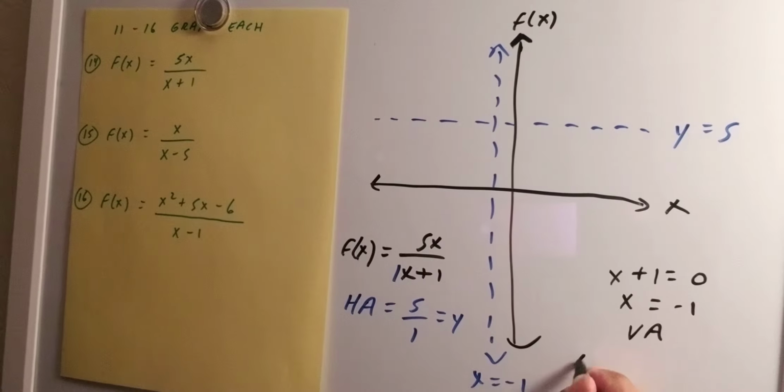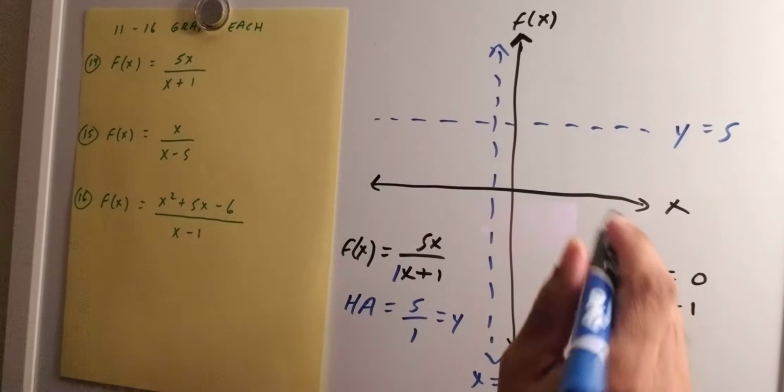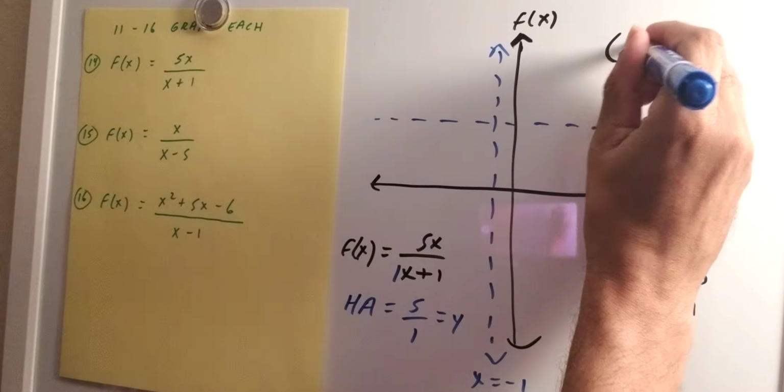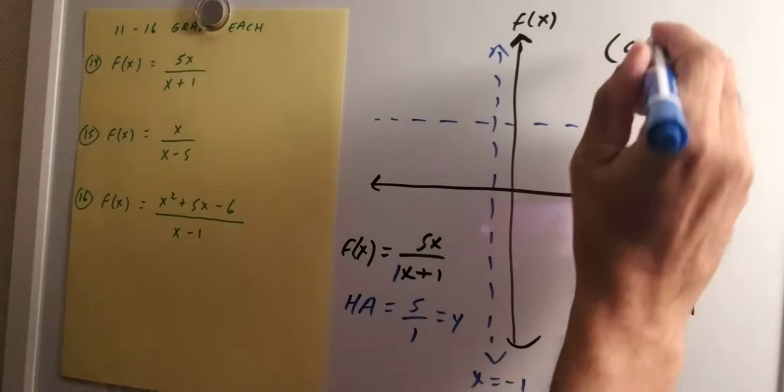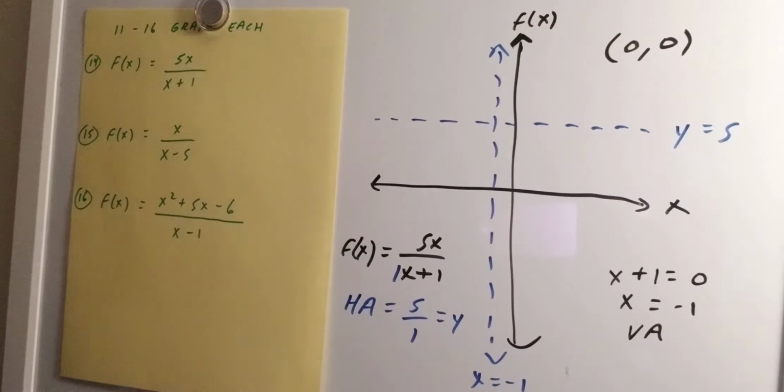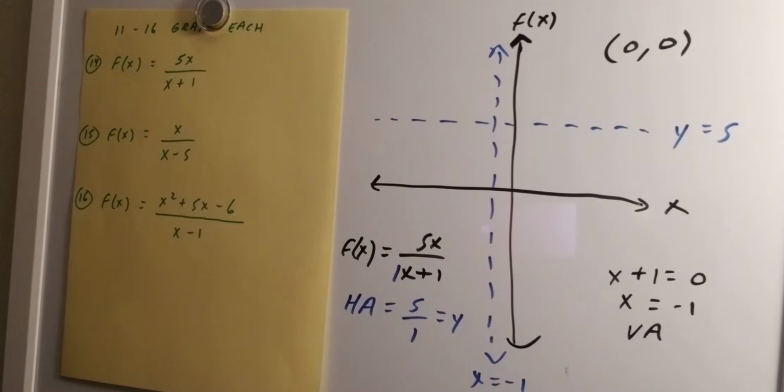x equals 0. For x equals 0, f of x will be 0 over 1. So one of our points is 0, 0.